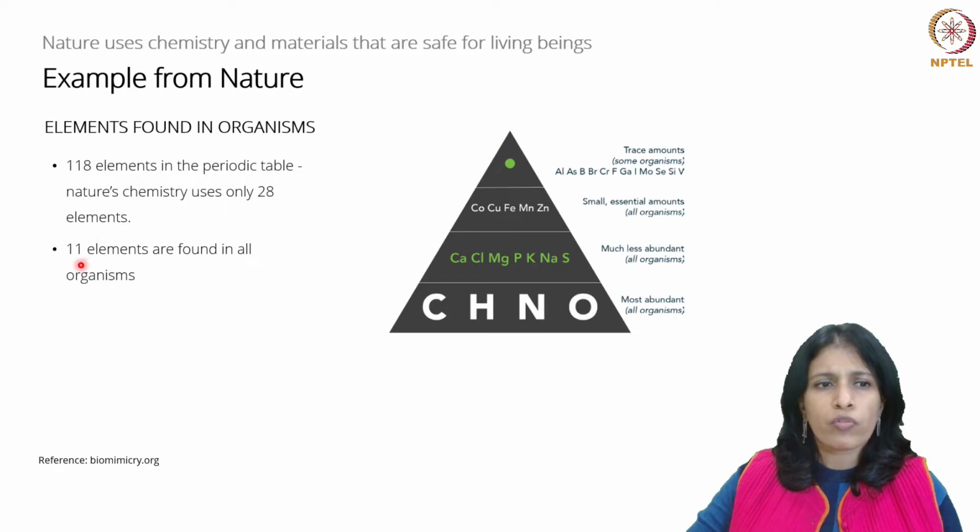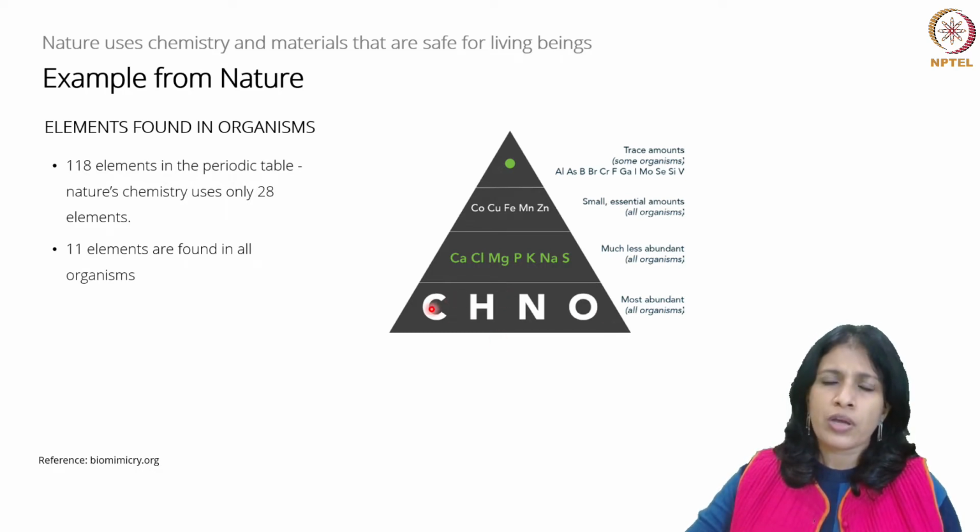Four of those 11, carbon, hydrogen, nitrogen, and oxygen, are the most abundant elements on Earth, and they are found in all organisms. The other elements are found in slightly lesser amounts, and progressively in lower amounts, in not all organisms. So nature's chemistry is based on elements that are found abundantly, elements that are safe, and these are the elements that are used in all of nature's chemistry.